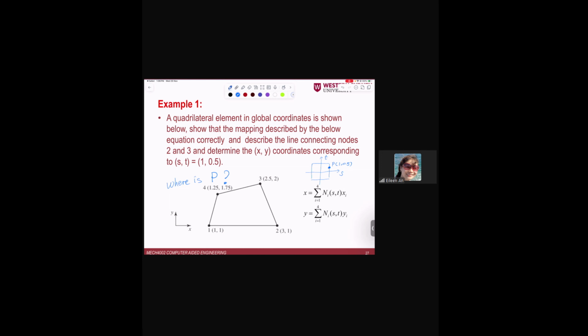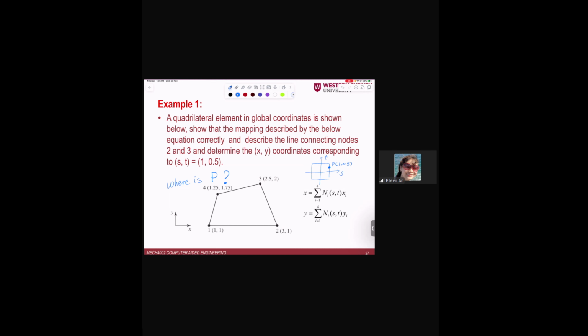Okay. So this is the quadrilateral element in the global coordinate system, and this is the element in its local coordinate system. In its local coordinate system, we know there is a P located here, and the coordinate is 1 and 0.5.